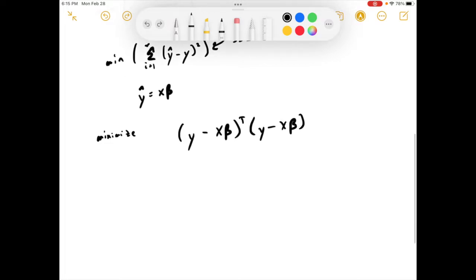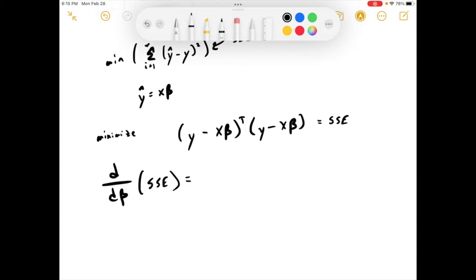So we can actually take the derivative of this. All right, this is our sum of squared errors. We can take the derivative of that with respect to beta. So I'm going to write this here. The derivative with respect to beta of the sum of squared errors. Now, this is some pretty simple vector calculus.